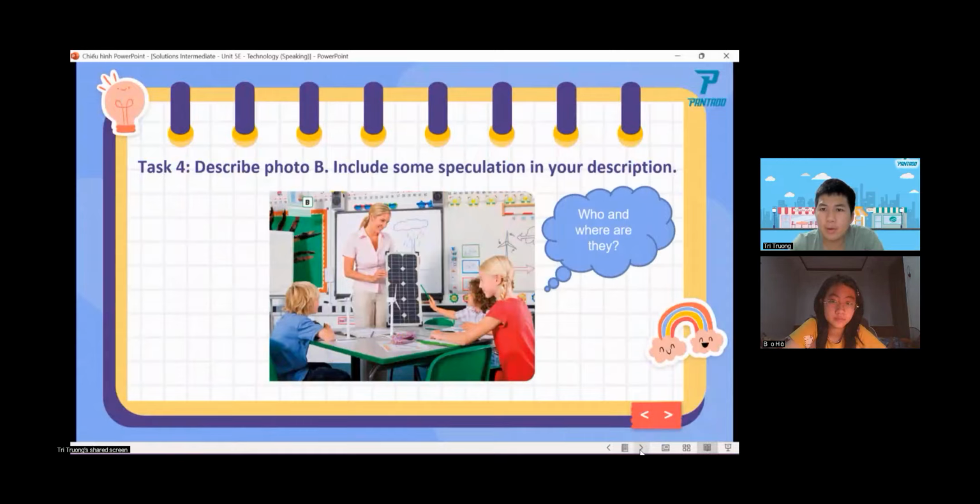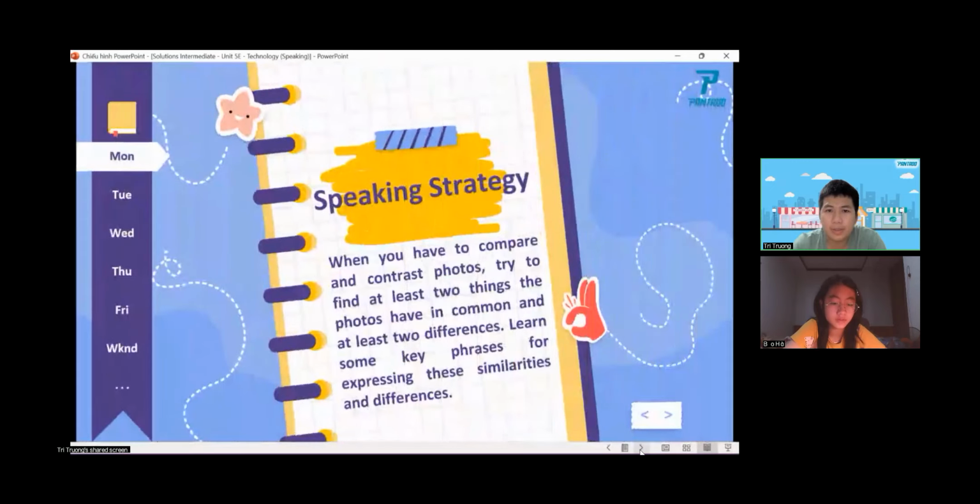Who and where are they? You already answered that. What are they doing? Okay, they are learning about weather and renewable energy. Yeah. So here is the speaking strategy for today's lesson. When you have to compare and contrast photos, khi mà bạn phải so sánh hoặc là so sánh tương phản giữa những bức tranh, try to find at least two things the photos have in common.